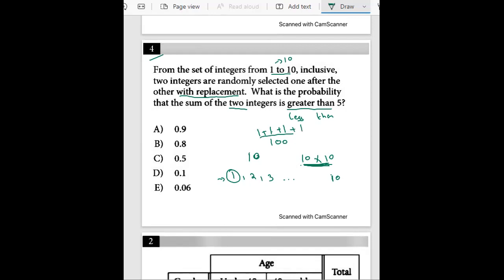Any other numbers do you think? 3 plus 1. Yes.